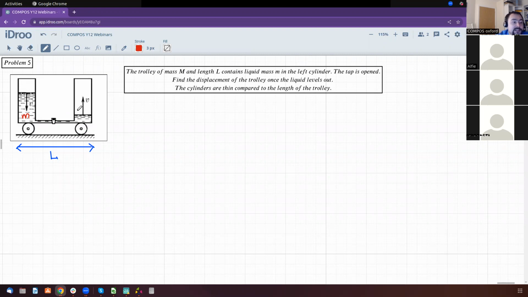Therefore, the whole trolley must displace to the left. So the center of mass cannot change position as there are no external forces.